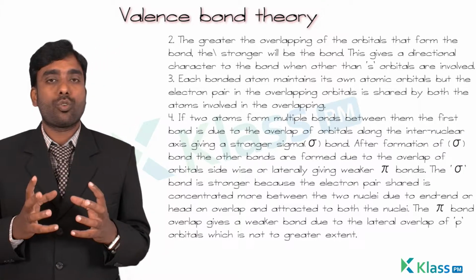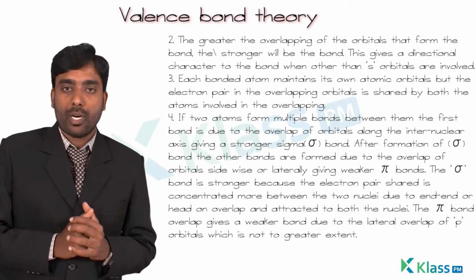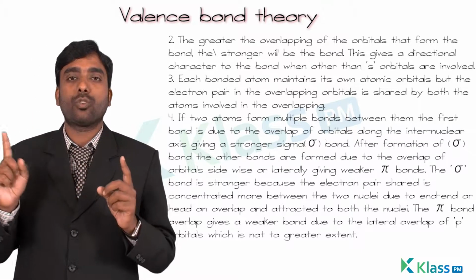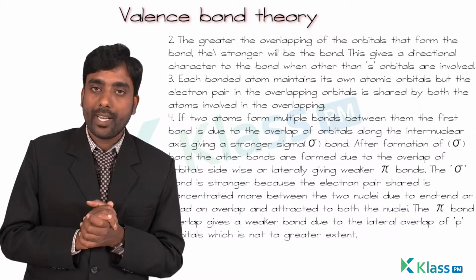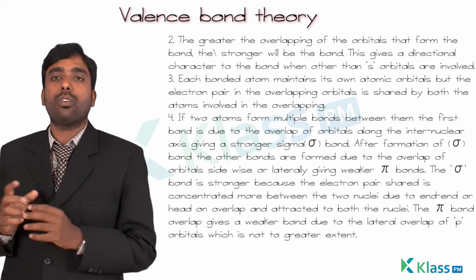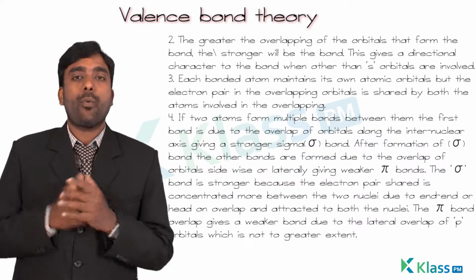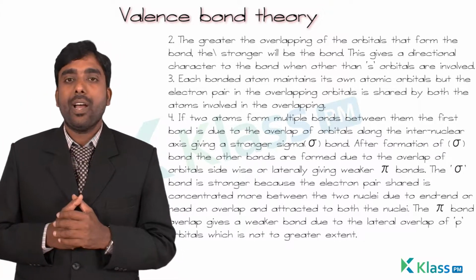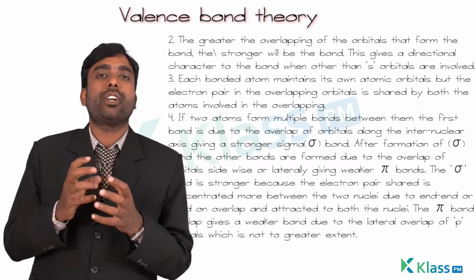Okay, so we need to remember the sigma bond is a strong bond and the pi bond is a weaker bond, because the sigma bond occurs through the internuclear axis, which we call end-to-end overlap, and in this the overlap is to the maximum extent, and the pi bonds are formed due to the lateral overlap or sidewise overlap, and this happens because of a small extent of overlapping.